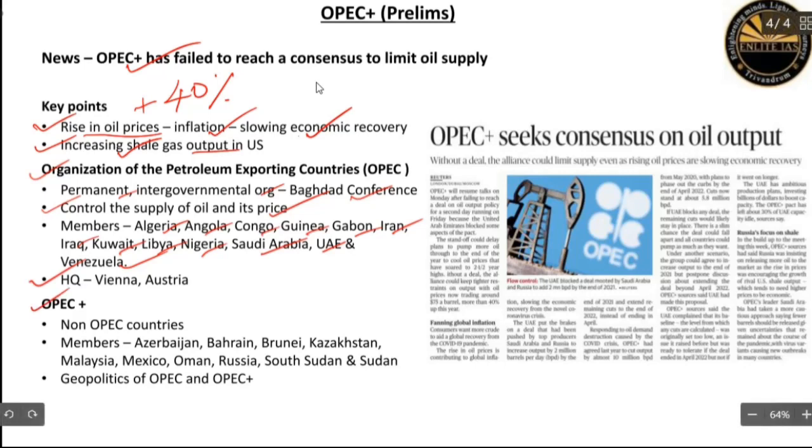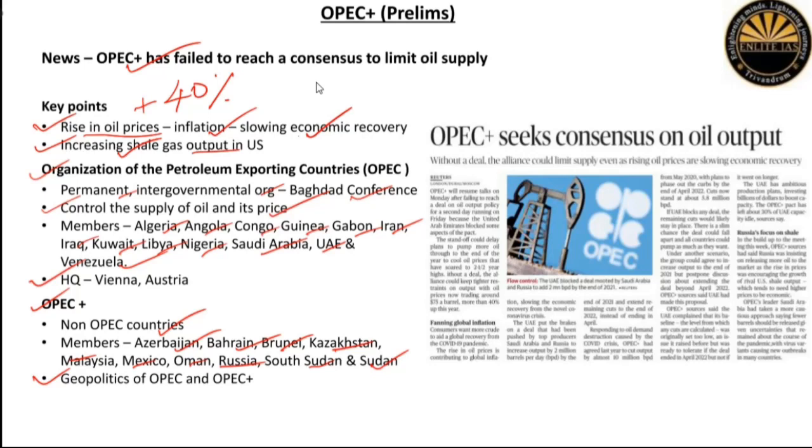Now, regarding OPEC Plus, OPEC Plus is a body of non-OPEC countries led by Russia, and it involves Azerbaijan, Bahrain, Brunei, Kazakhstan, Malaysia, Mexico, Oman, South Sudan, and Sudan. Now, it is important to understand the geopolitics of OPEC and OPEC Plus and their different aims.